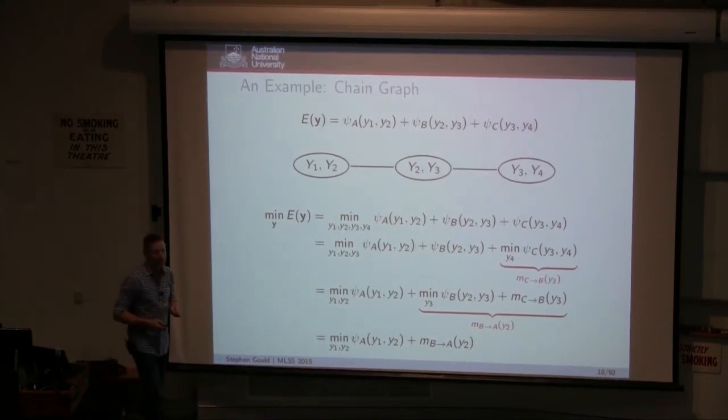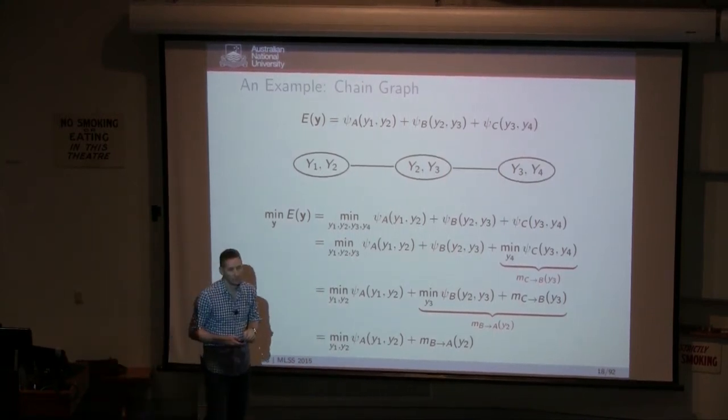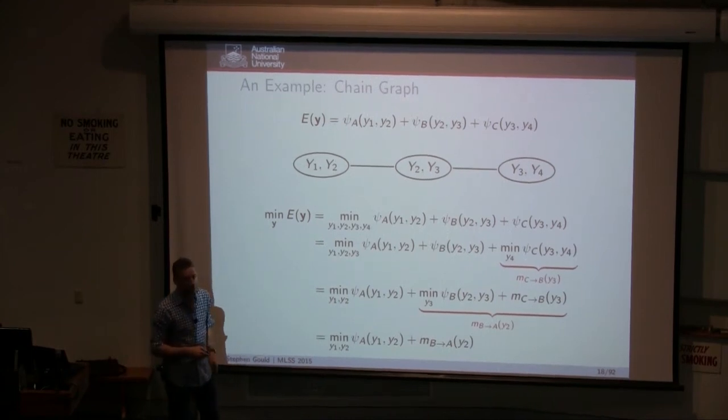Yep. So we have Y2, Y3 in both these terms. By separating this, does it always guarantee we have the minimum for the total?